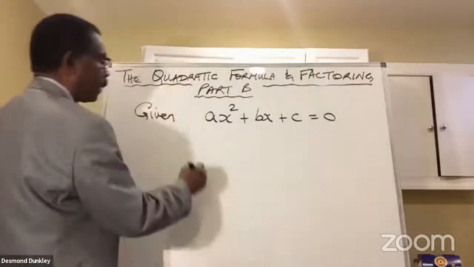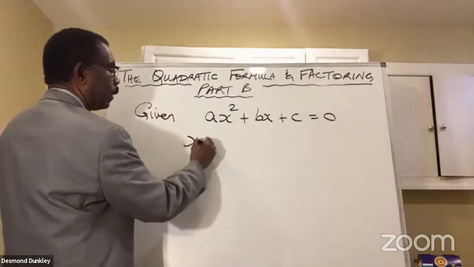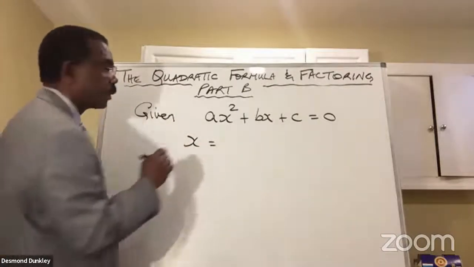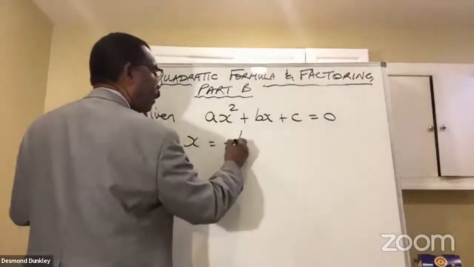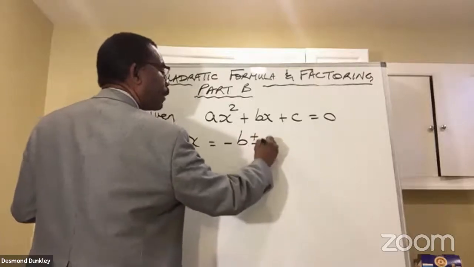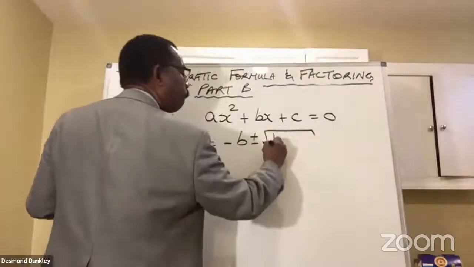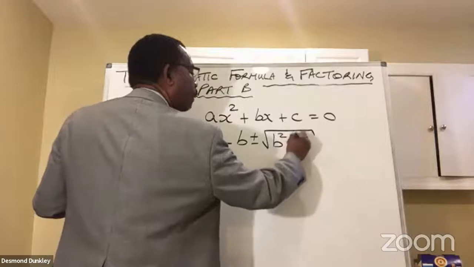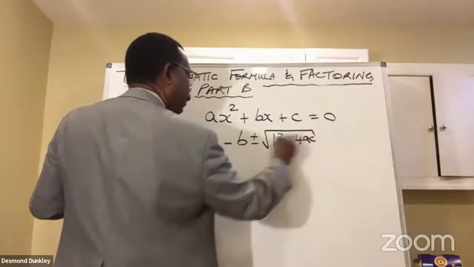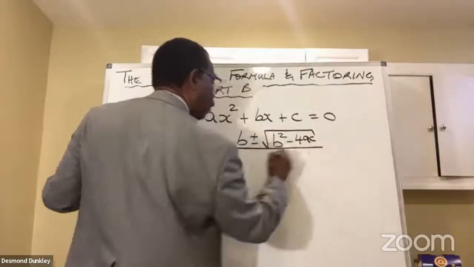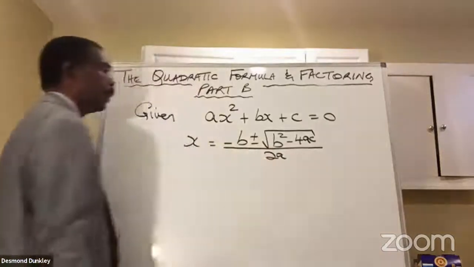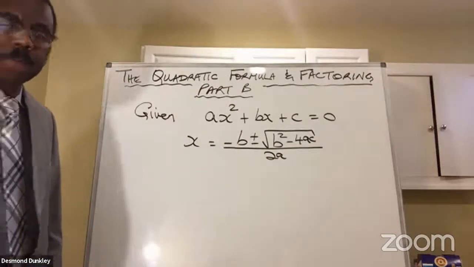The quadratic formula says x will always be equal to minus b plus or minus the square root of b squared minus 4ac, all over 2a. That's the quadratic formula.